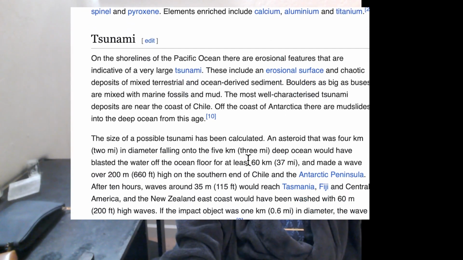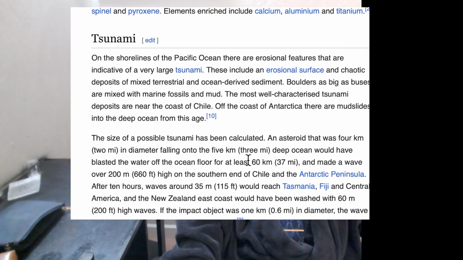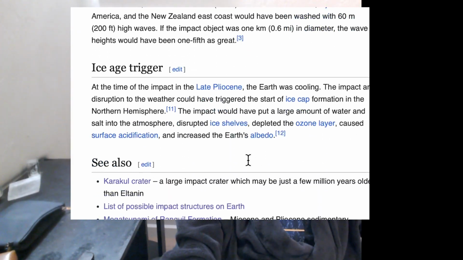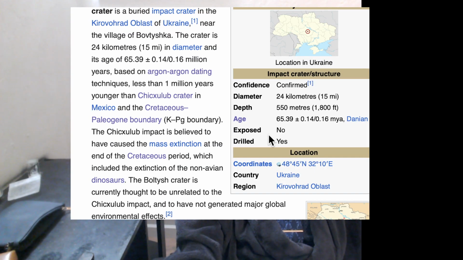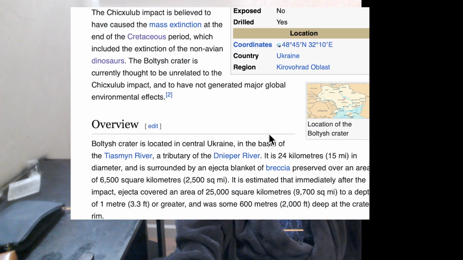So the tsunami was very large. Well, I would say it certainly was a very large tsunami. So there you have it, but the Boltysh, we didn't really get to the bottom of that. It's found in central Ukraine, in the basin of the Tyasmin River, a tributary of the Dnieper. So we probably were looking at it there.